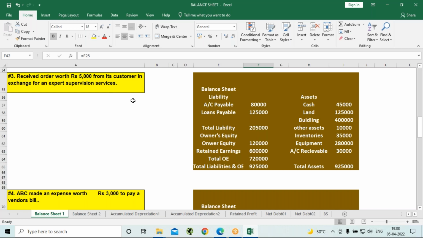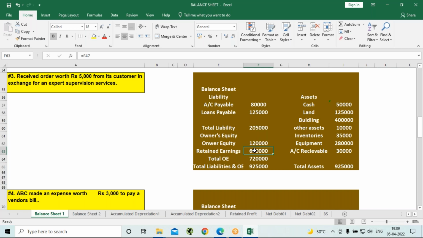We have received money over here. So that is going to affect cash by rupees 5,000. With this receiving of cash, we are having a profit over here in the retained earnings.